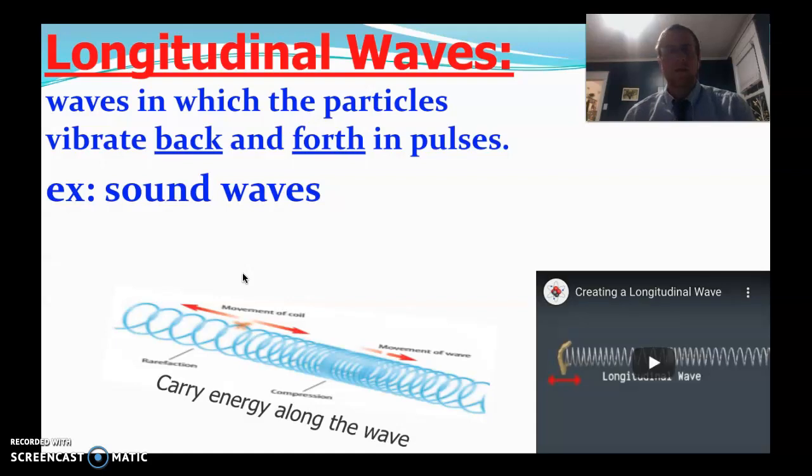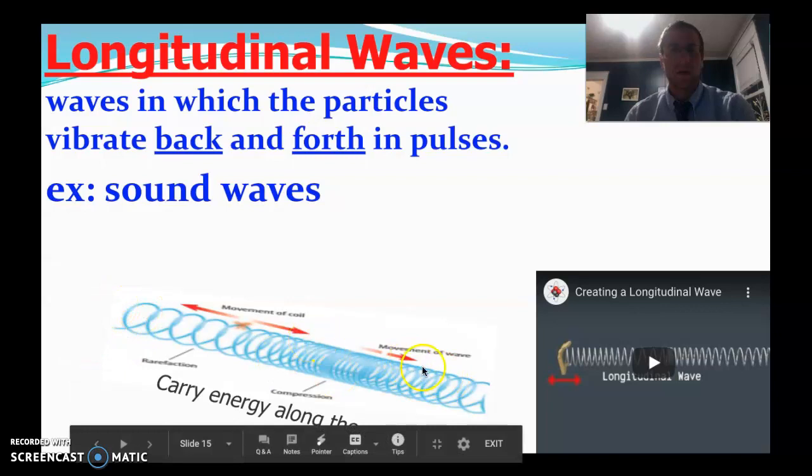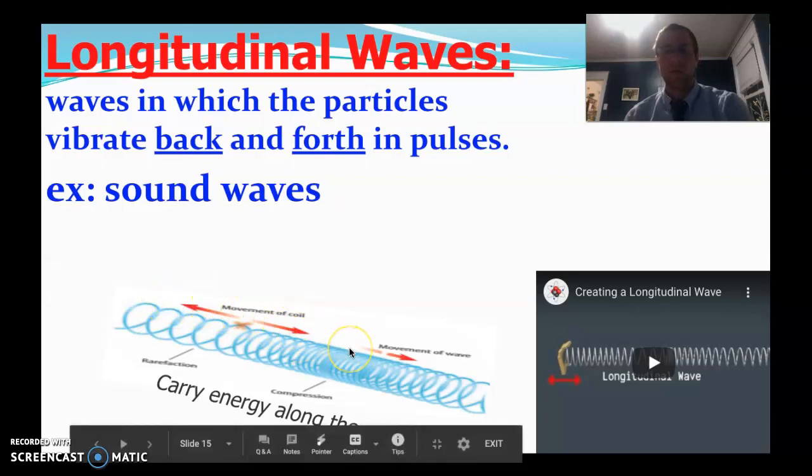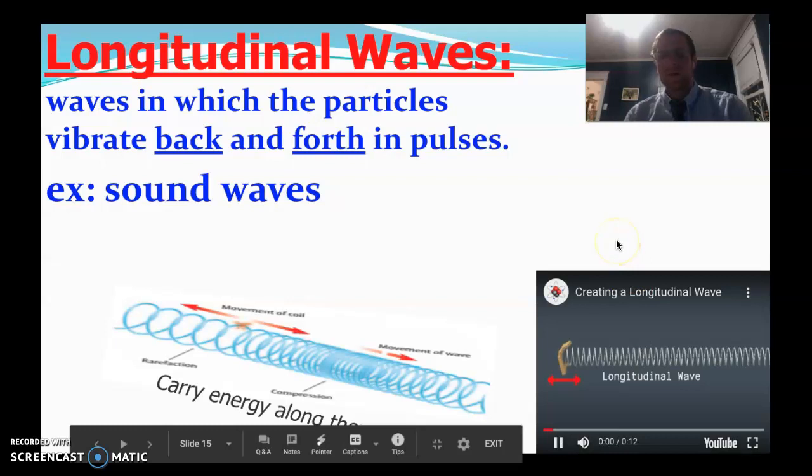So the second type of wave is called a longitudinal wave. Longitude, you can think about it lengthwise. So the particle is going to be moved back and forth, and the energy is going to move in the same direction.